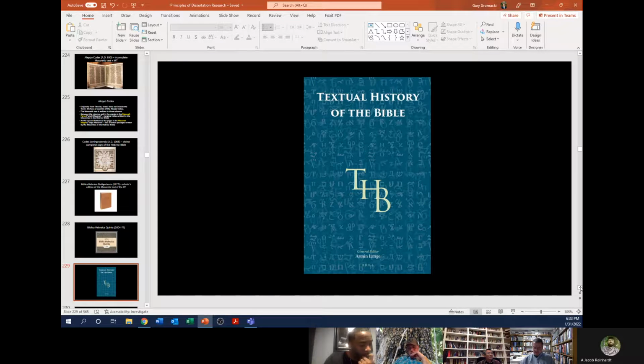They have scholars who are working on each one of the books of the Hebrew Bible and looking at the textual history for each of those books. And then also looking at primary translations.